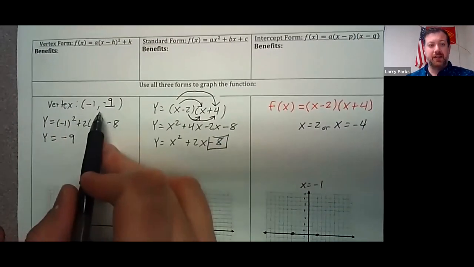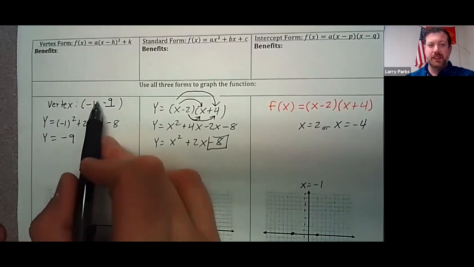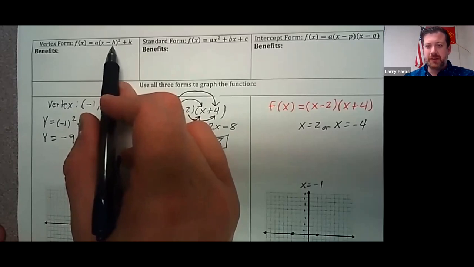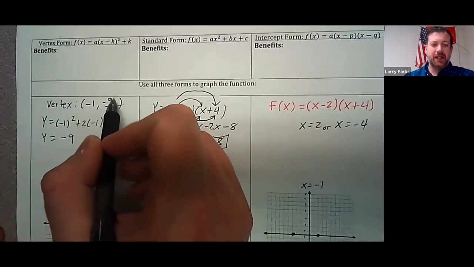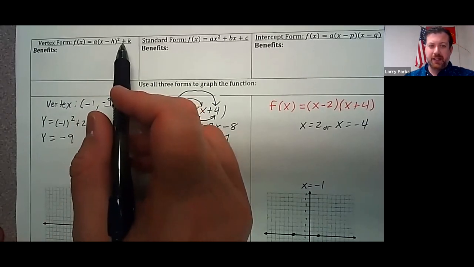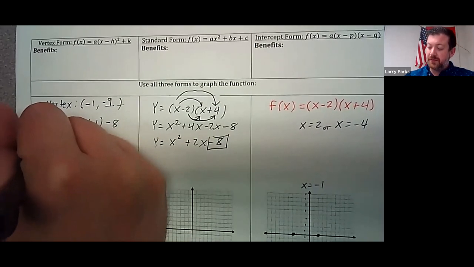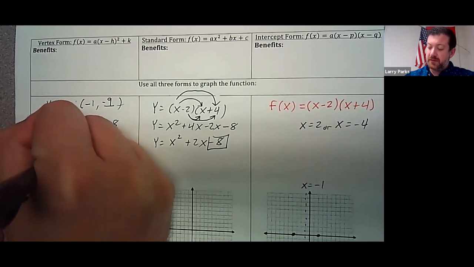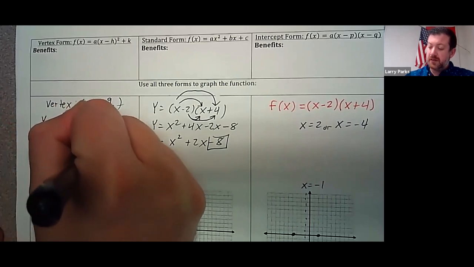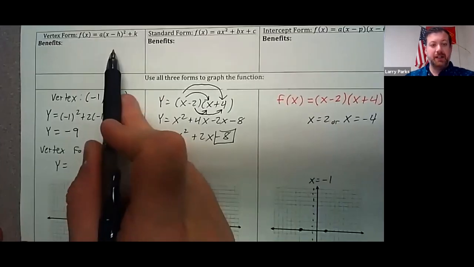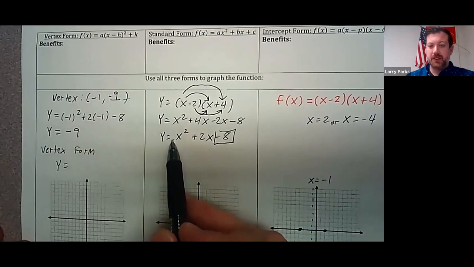And so now I know h is negative 1. So when I plug it in, it's going to be minus negative 1. It's going to change to a plus 1. And then I'm going to plug negative 9 in for k. And so I could just change that to a minus 9. So my vertex form is y equals my a, number in front is 1.